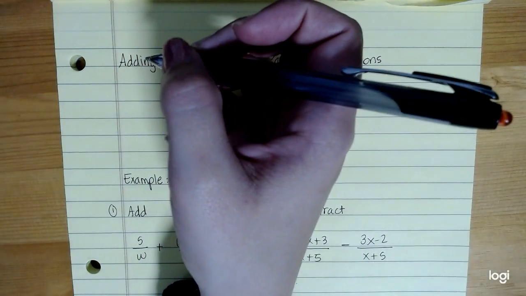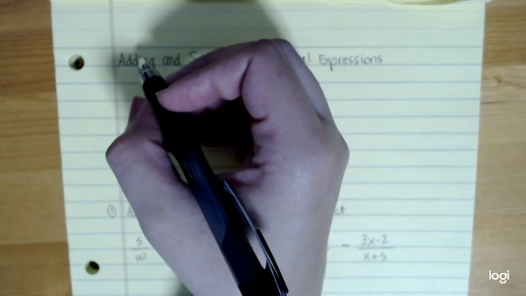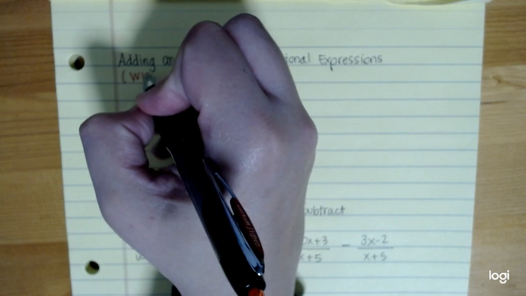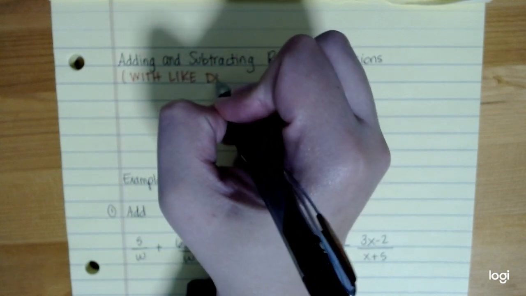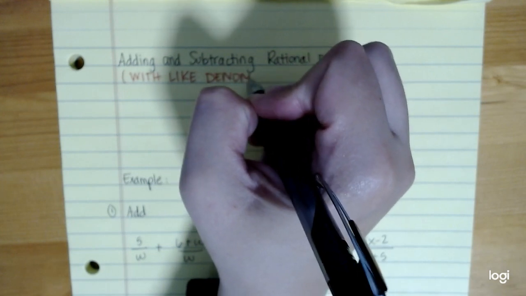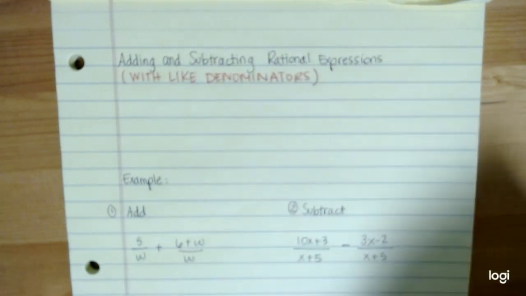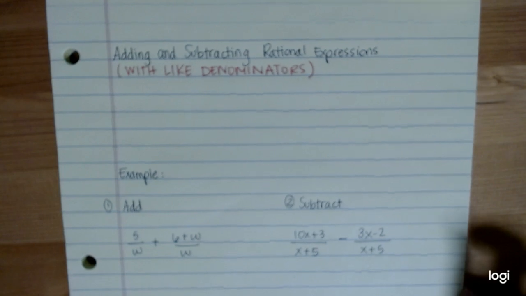So this idea is going to be broken up into two parts. This part is the part with like denominators. So we do need to make that distinction that we are adding and subtracting rational expressions with like denominators.